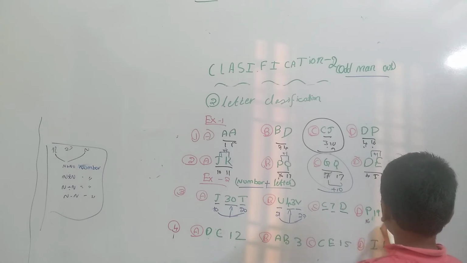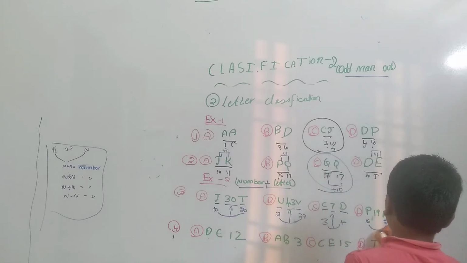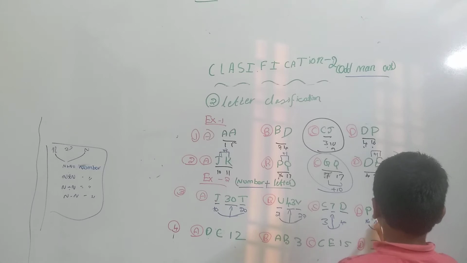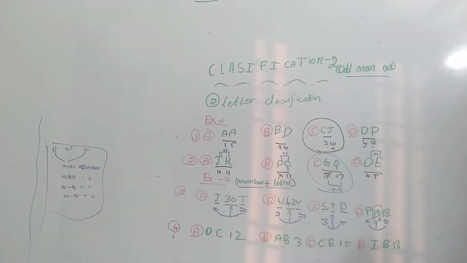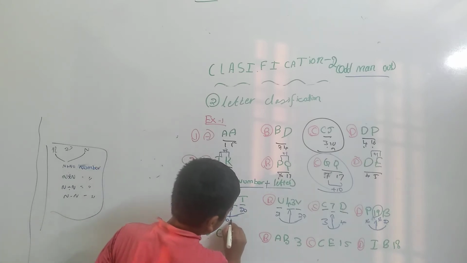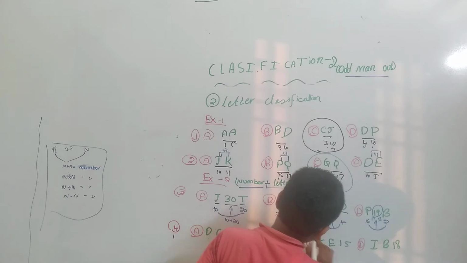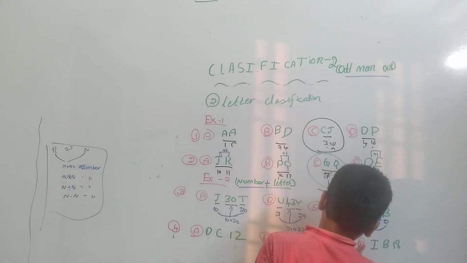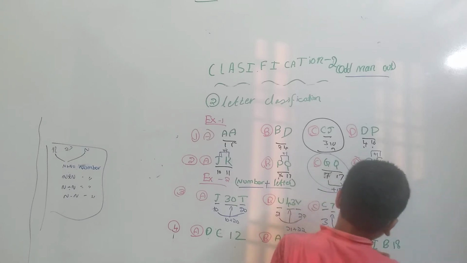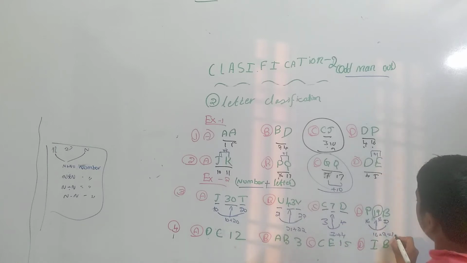Here 3 and 4: adding, we get 7. Here 16 and 2: adding, we should get 18, but they have 19, which means the answer is D.